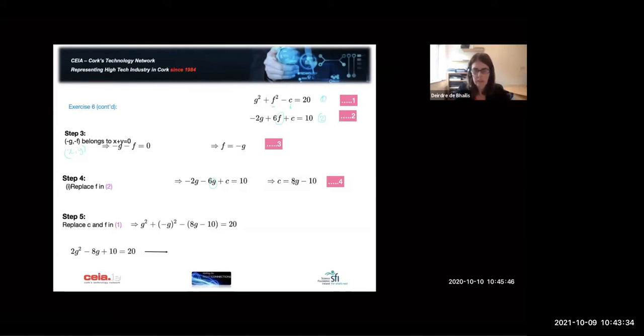So working that out, we get 2g squared minus 8g plus 10 equals 20. Two g squared minus 8g minus 10 equals 0. And that gives us another quadratic equation. So here we are back to needing to use factors to solve this.